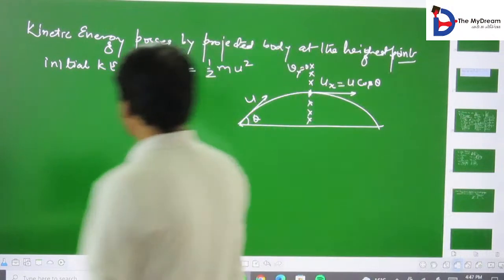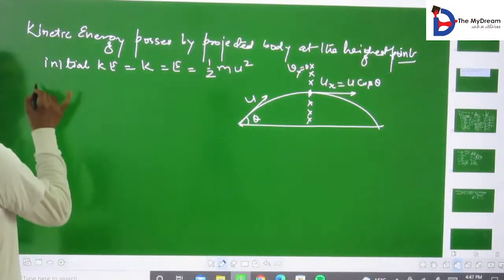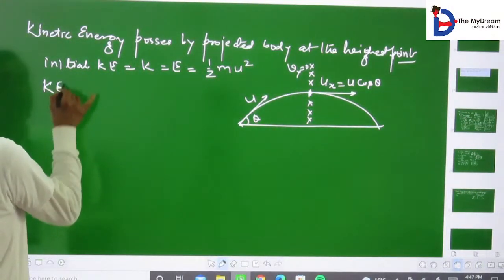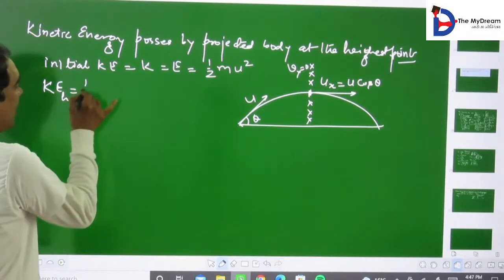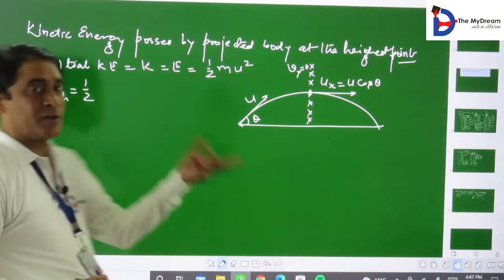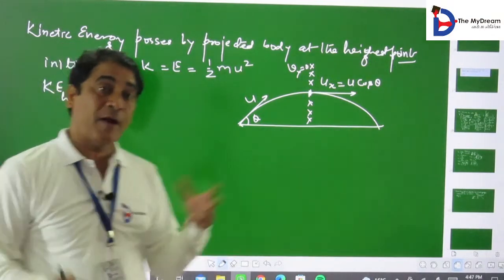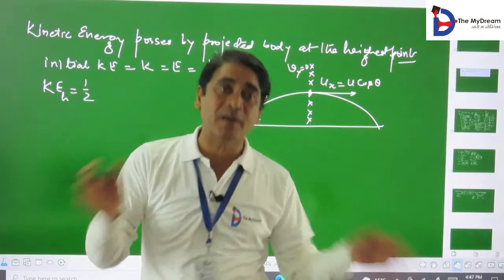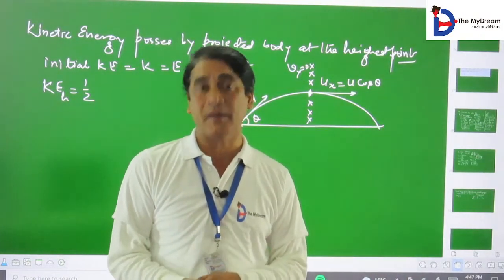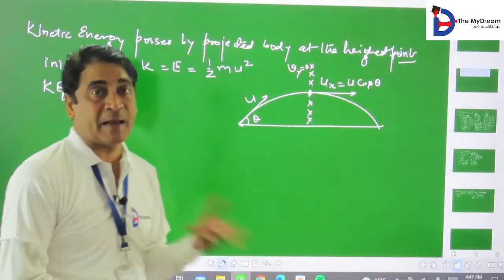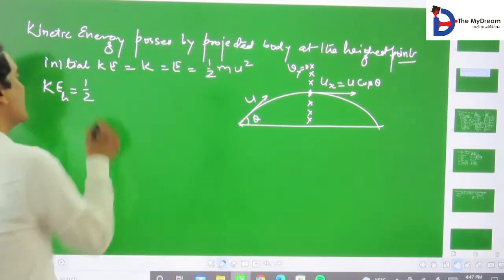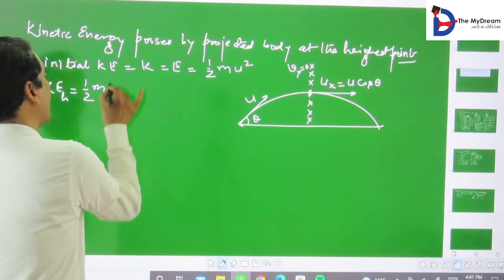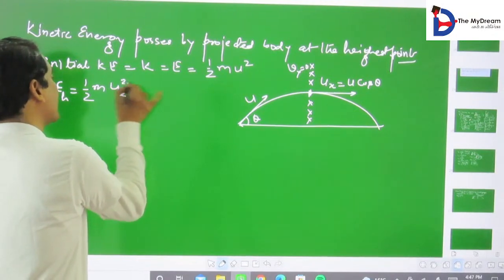Now kinetic energy at the highest point is given by half. There is no change in the mass. The weight can vary because of the change in gravity, but the mass does not vary. So the mass remains the same and the velocity is ux.